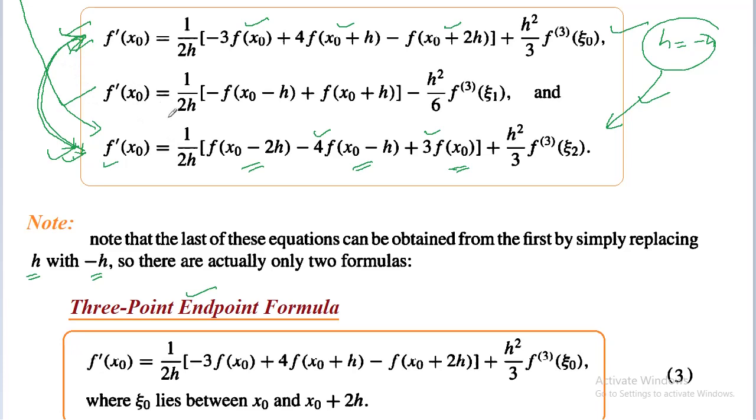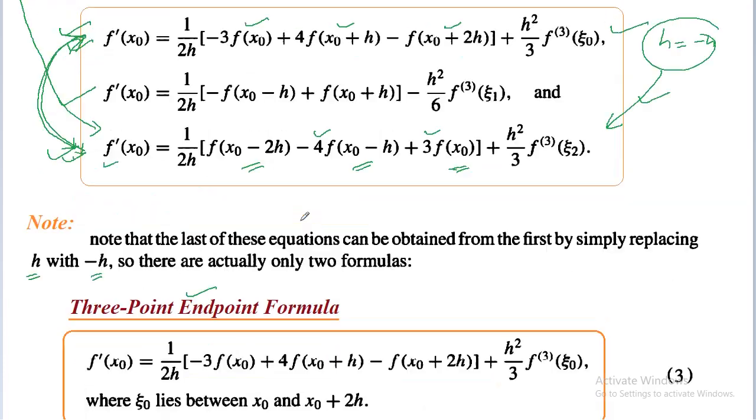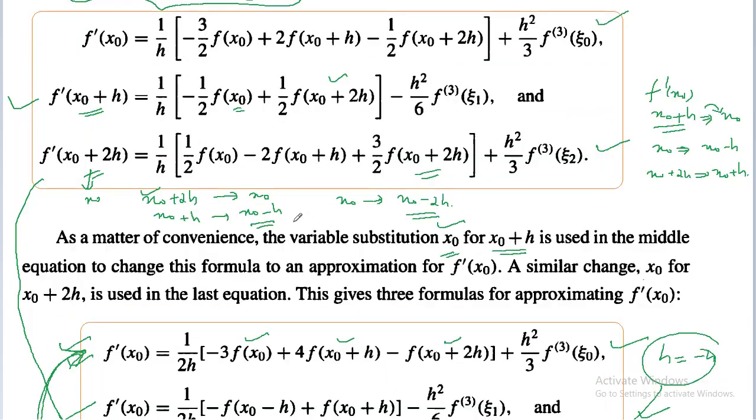And the second one is called the 3-point midpoint formula, because the second one is actually the derivative at the point x naught plus h. X naught plus h is the midpoint of our points. We have the points x naught, x1, x2, so x1 is equal to x naught plus h.